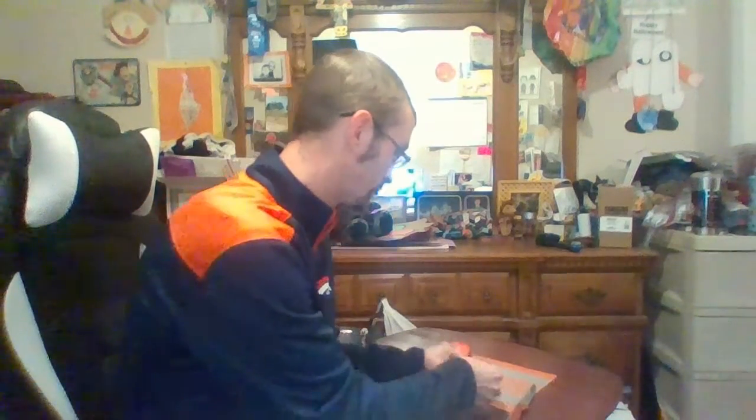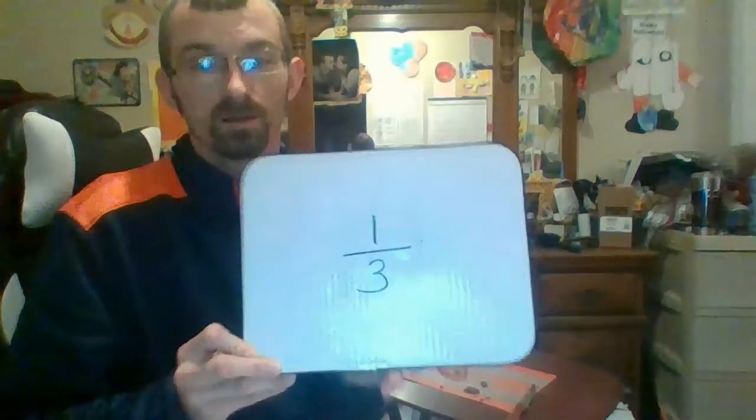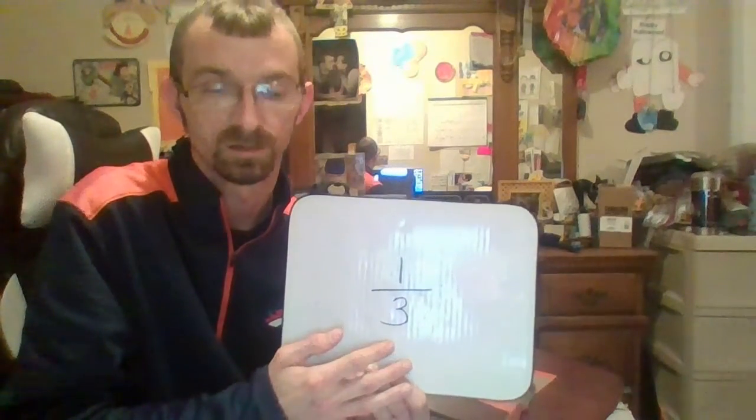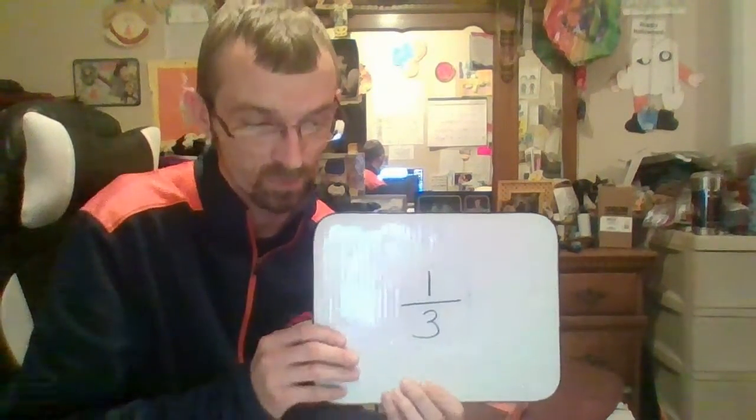So if I was going to give 1/3 of my chocolate bar away, what would I have left? So I had 3 equal parts, so that is our denominator. I gave 1 part away, so that is 1/3, because there were 3 parts to make up the whole chocolate bar, and I gave 1 part away.